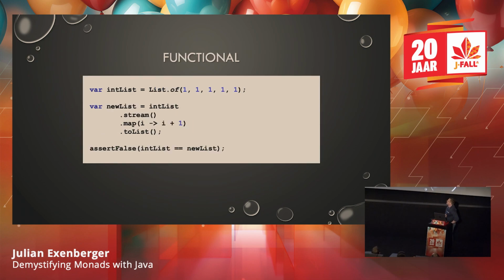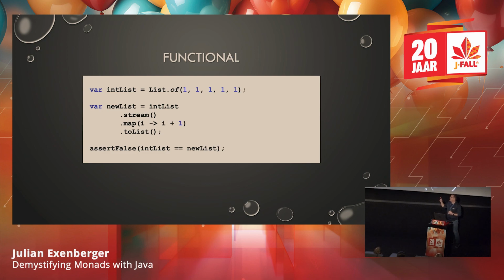This is a more functional approach, so I'm pretty sure you would all be familiar with this. I create a new list. I call the stream on the list, and I apply a function to it. So I declare that for each element of this list, I apply a function via the map method, and then I extract it into toList, which streams the value of int list, maps it to the function, and returns me a new list.